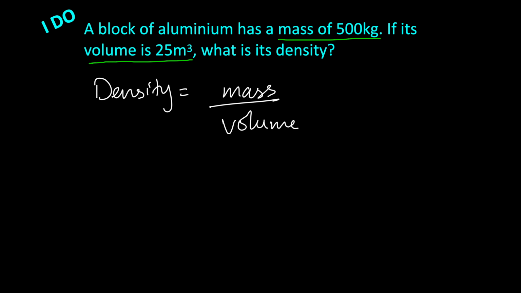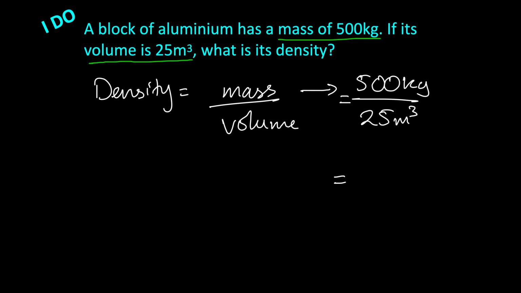And as we can see here, our mass is equal to 500 kilograms and our volume is equal to 25 meter cubed. Next, we're going to enter this into our calculator. And we can find that the density of the aluminium block is 20 kilogram per meter cubed. And that's it.